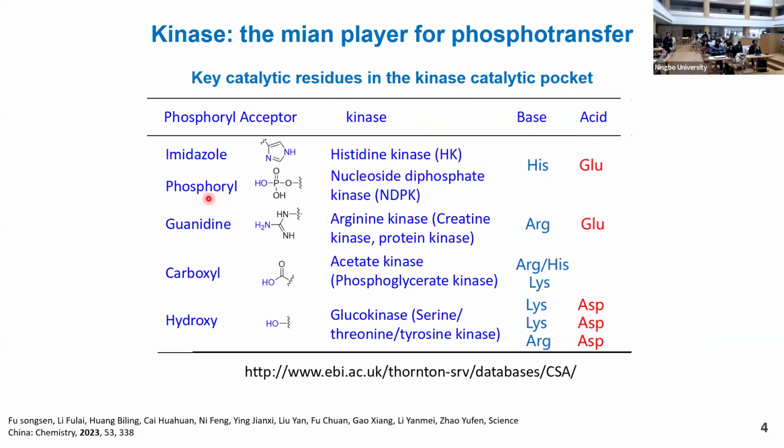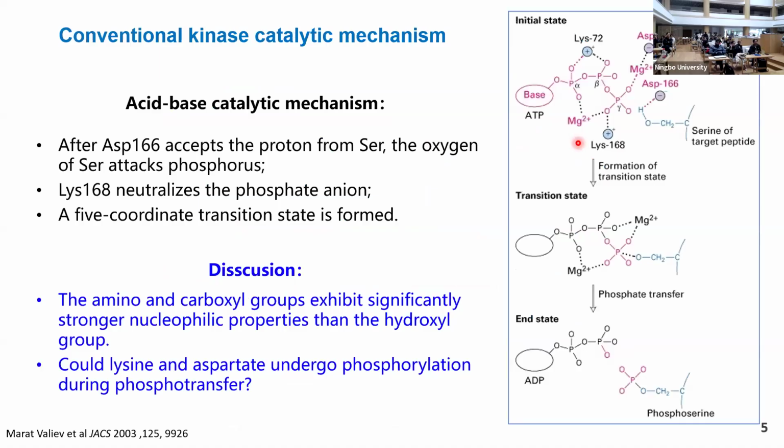No matter what the phosphoryl acceptor is, imidazole, guanidine, carboxyl, hydroxyl, or anything else, the conserved key point of the catalytic activity depends on a base and an acid. So what is the role of these two kinds of amino acid residues? There is a popular, conventional kinase catalytic mechanism, that is the acid-base catalytic mechanism.